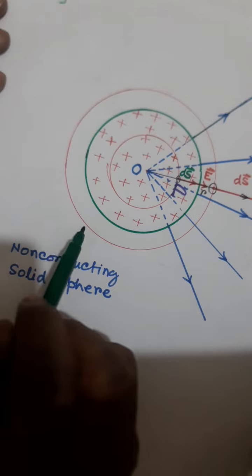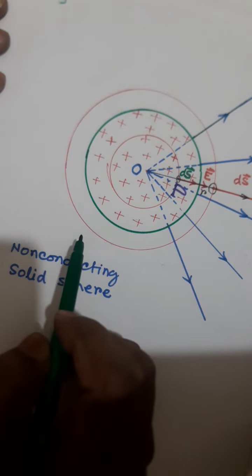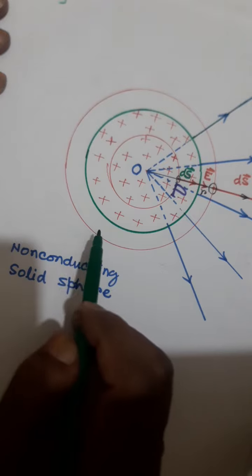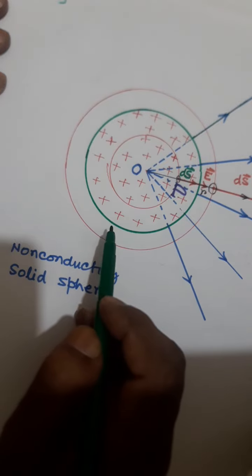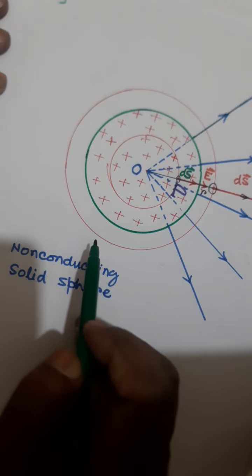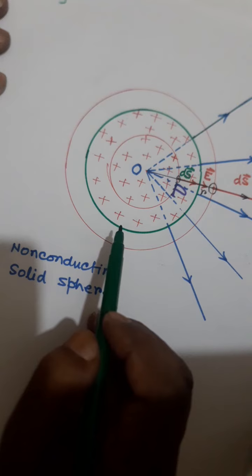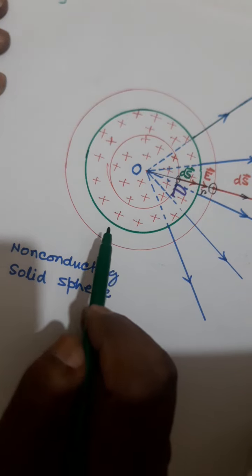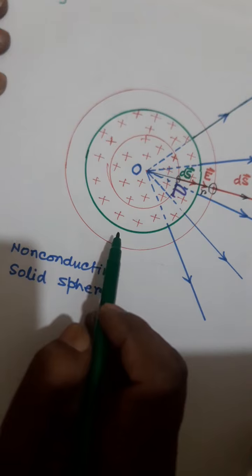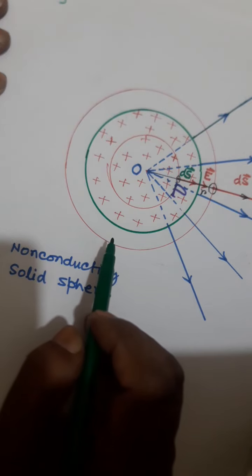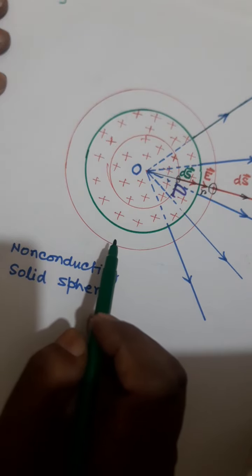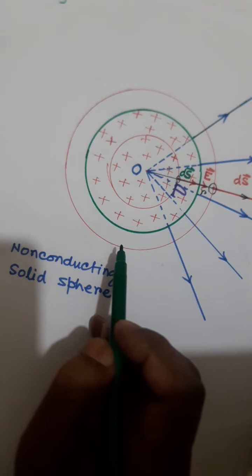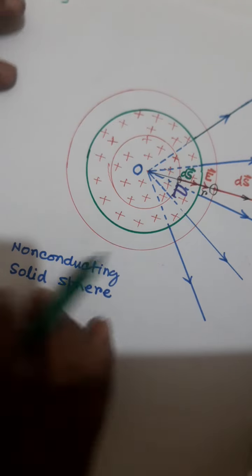The third object is a non-conducting solid sphere. In case of a non-conducting solid sphere, the charges are distributed over the volume of the solid sphere. The calculation of the electric flux and the results for outside the sphere are the same as we have seen earlier.